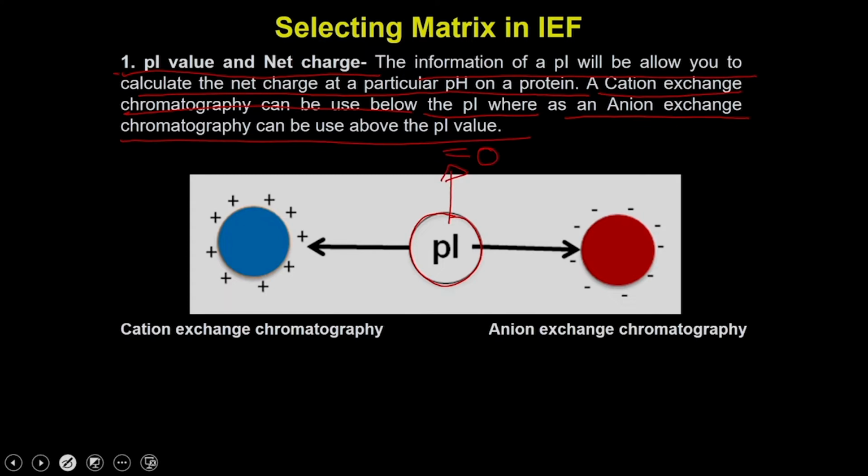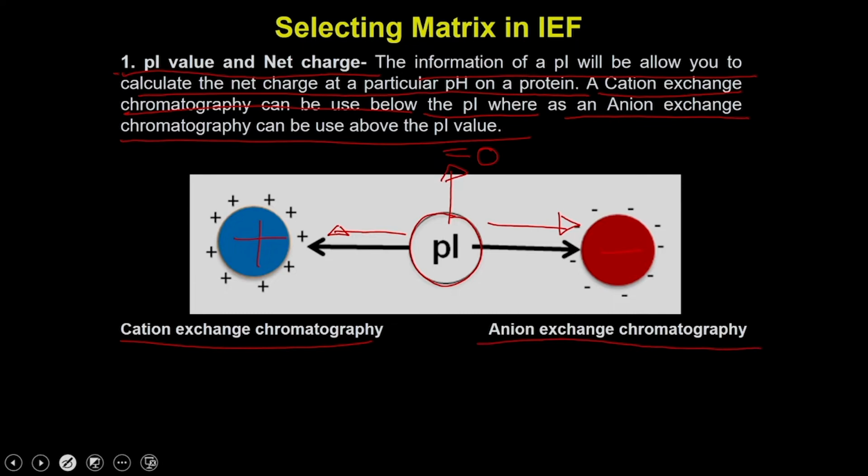So, if you go below the protein's pI, you are going to generate net positive charges on the protein, and that is how you can use cation exchange chromatography. Similarly, if you go above the pI value, you are going to have negative charges, and that is how you can use anion exchange chromatography.